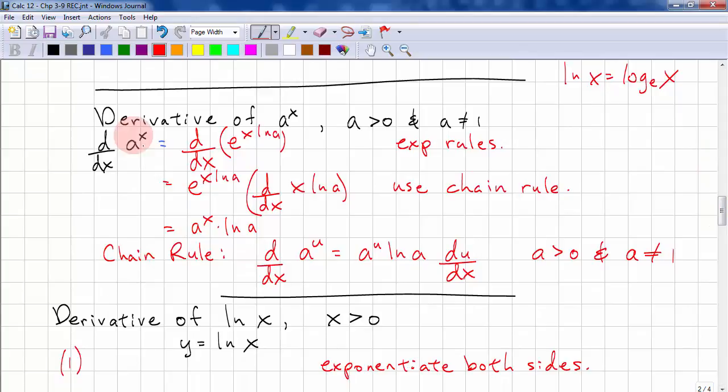So it's the same exponential, but we're multiplying it by ln a, the ln of the base. And of course, we're not always given easy functions like this. We're going to have to use a chain rule on a to the power of u, where u is a function. So our derivative is a to the u, ln a, and of course we need to take the derivative of u.